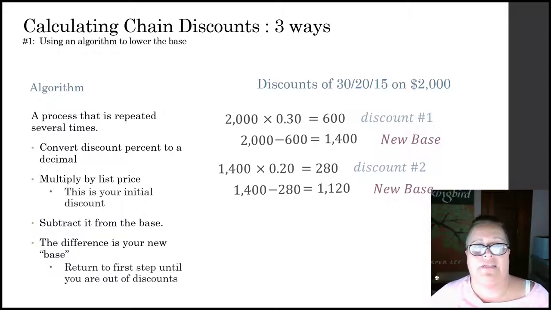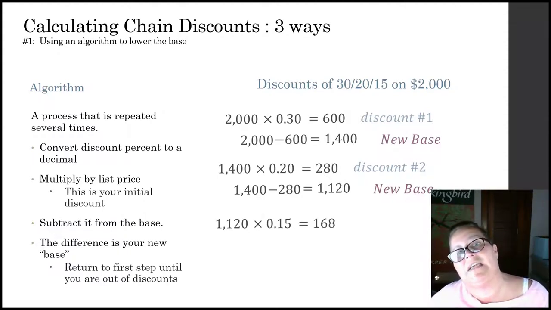The third discount is 15%, and that's going to come off of this remaining amount to pay. So I've got $1,120 left to pay. So I'm going to find 15% of that. So $1,120 times 0.15 gives me $168.